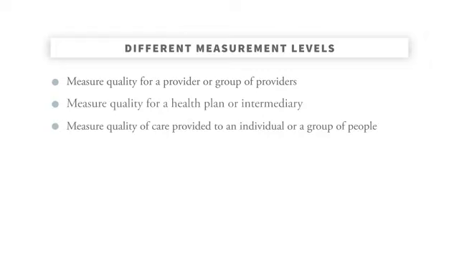We could measure the quality of care provided for all the patients in a geographic area, for example, or patients with some particular health condition. There can be some others too. There are different benefits and challenges depending on what we focus on, and things that work well for one may or may not work well for others, so we always have to keep in mind the objectives when we come up with and evaluate measurement approaches.